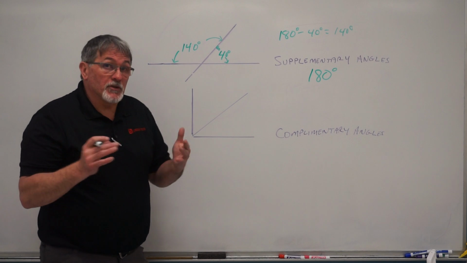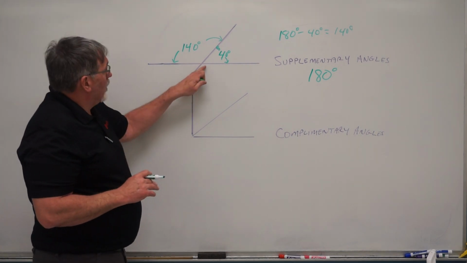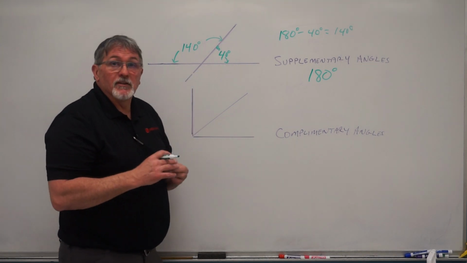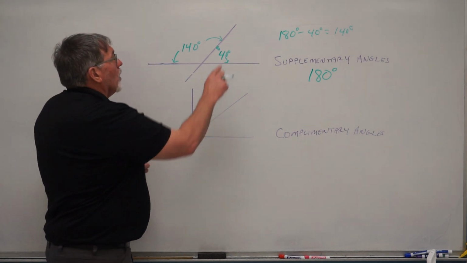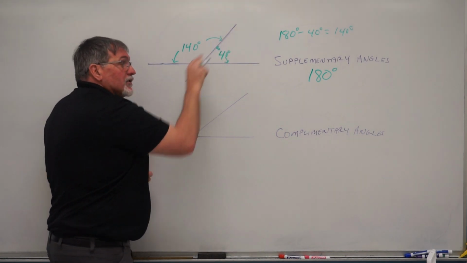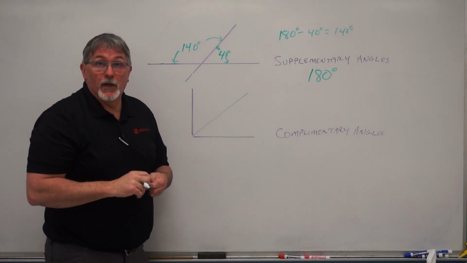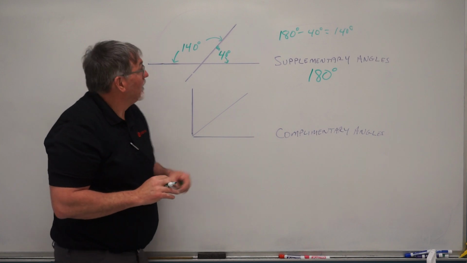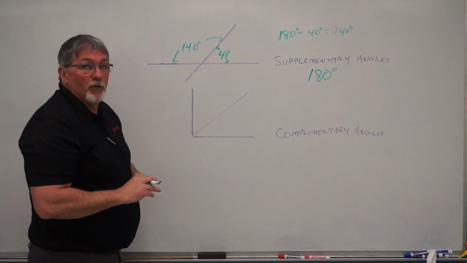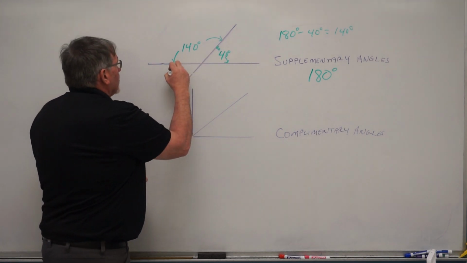If we add these together, 40 plus 140, it equals 180, isn't that right? We also have another set of angles we can get off this. As you'll notice, I went ahead and extended these lines out a little bit farther so we could look at this angle. So you'll notice this line is also a straight line, and it should also equal 180 degrees. But from here to here is only 140 degrees. So what's this angle?